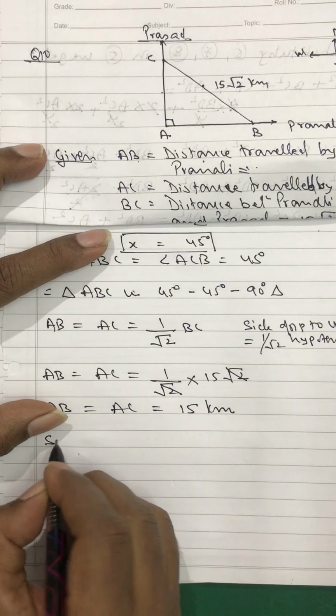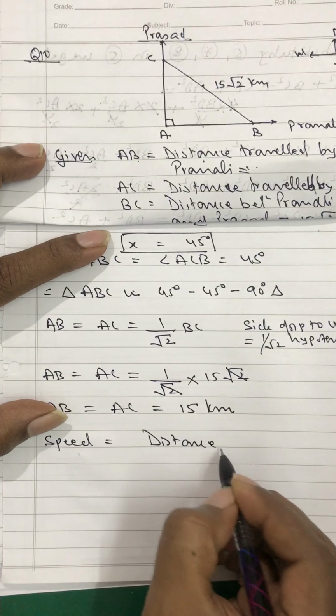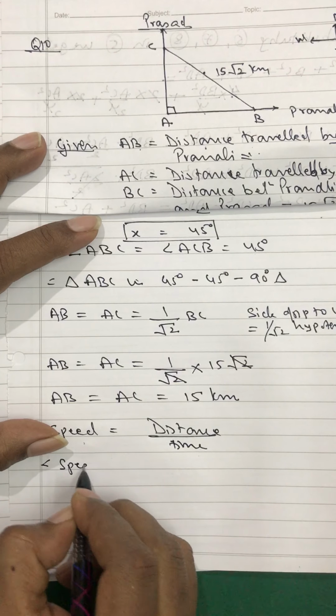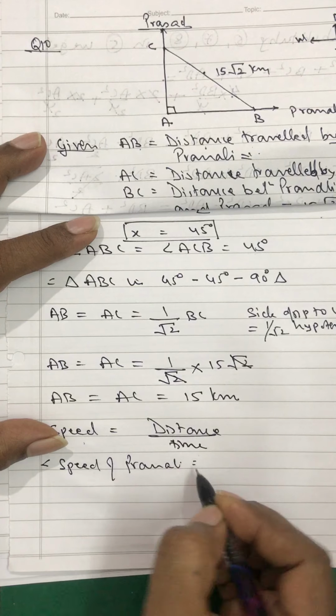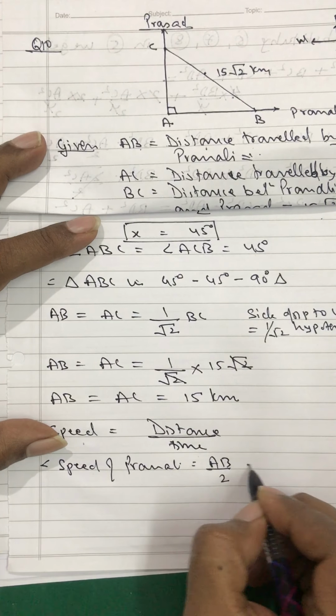The speed is distance upon time. Therefore, speed of Pranali, or you can take any, is equal to distance traveled by Pranali, AB, upon 2 hours.